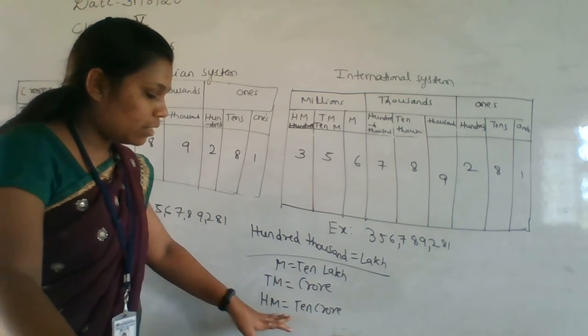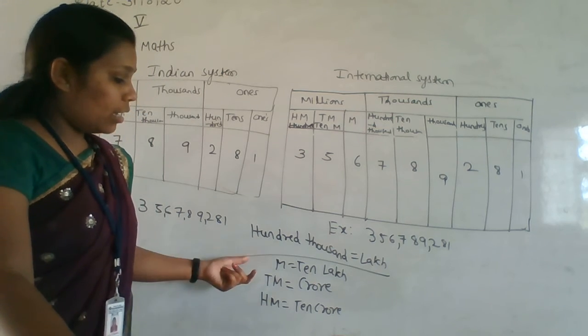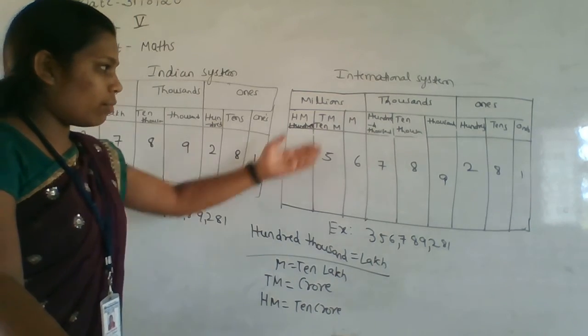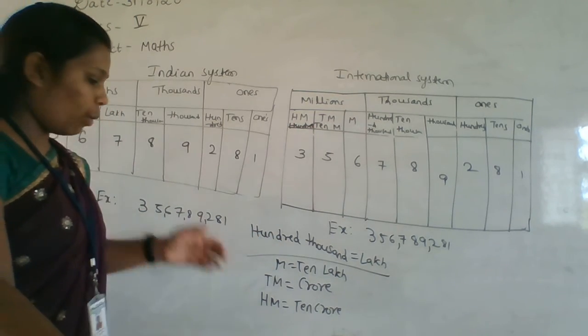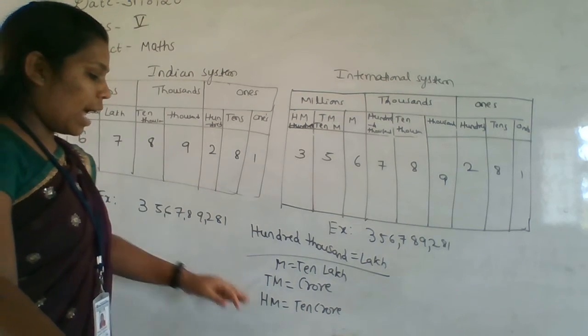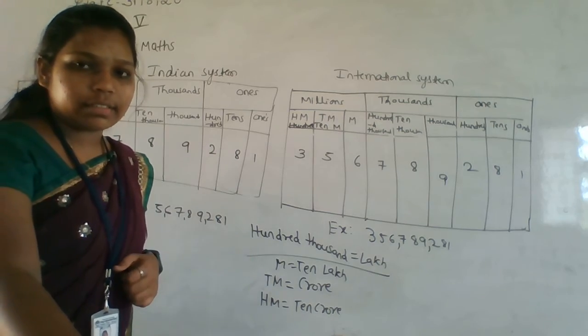After that, 100 million is equal to 10 crore. So this is the difference: 100,000 is nothing but a lakh, 1 million is nothing but 10 lakh, 10 million is nothing but a crore, and 100 million is nothing but 10 crore. That is the difference.